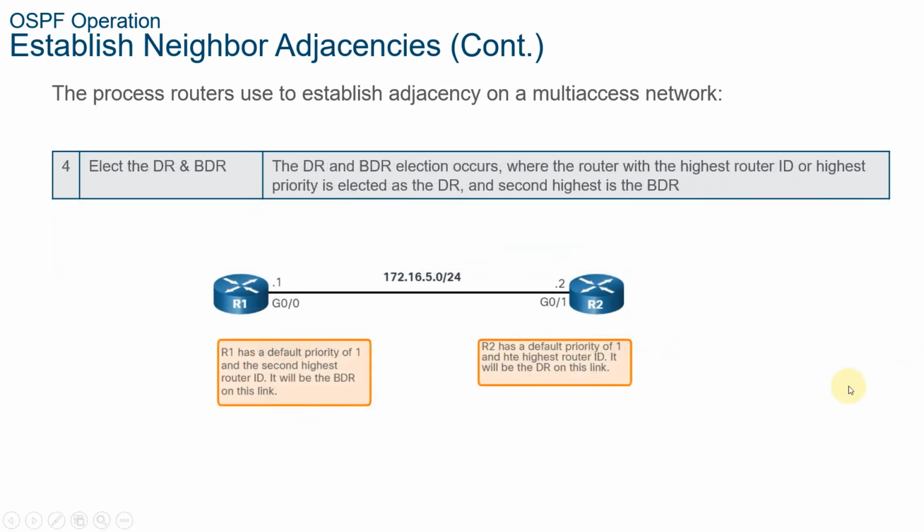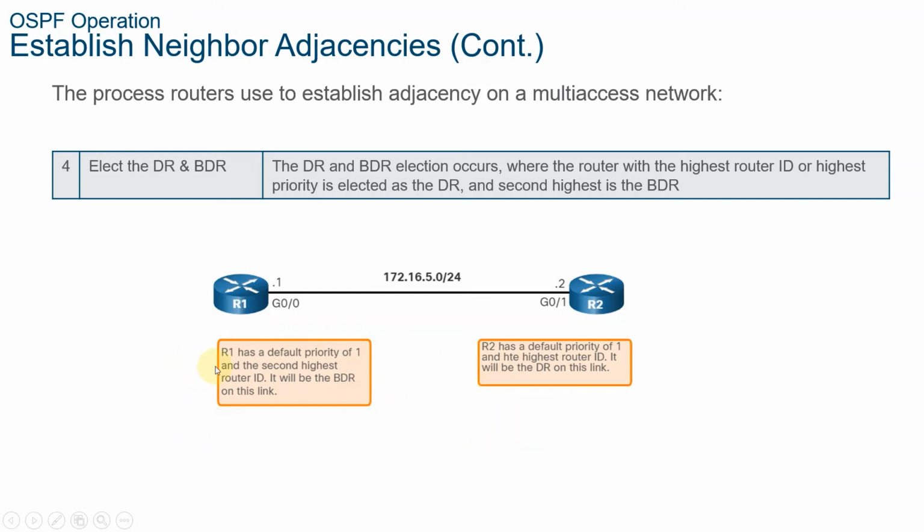So afterwards, elect the DR and BDR in case of the Ethernet network. Because R1 and R2 are interconnected over the Ethernet, take note that these are G0/0 and G0/1, so this is an Ethernet network. Therefore, a DR and BDR election takes place.